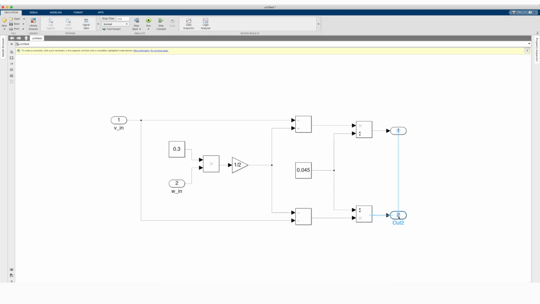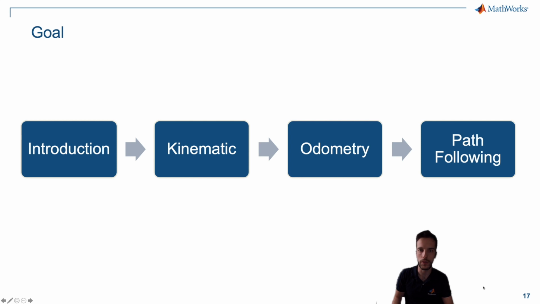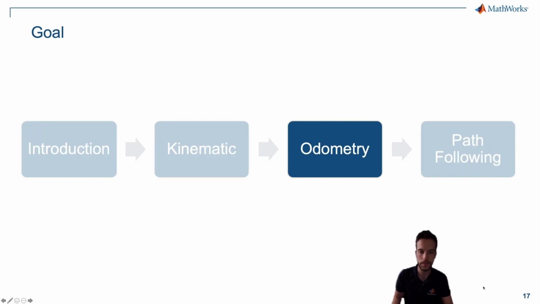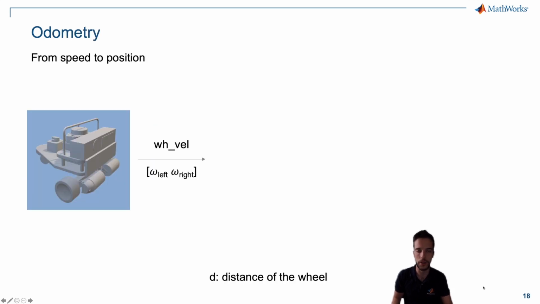But now let's return to our presentation. So let's tackle the second module of this lesson, the odometry one. The odometry is a transformation from speed of the robot into the position, into its state. As we have seen, our robot gives us the information on the speed measured on the left and the right wheel.